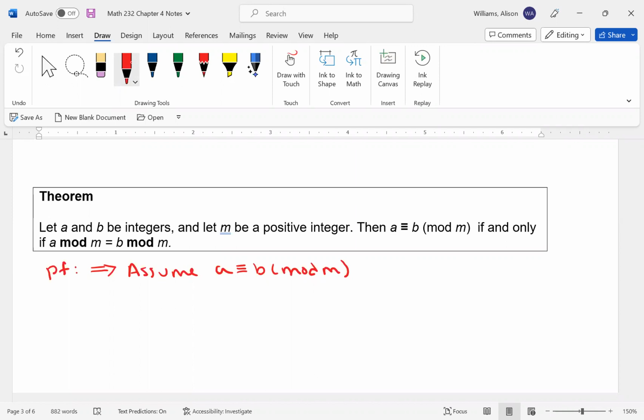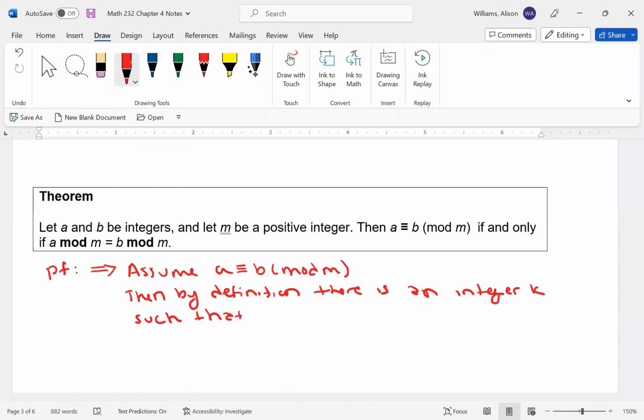Then based on the definition, sorry, the definition actually says that M divides A minus B. My apologies.